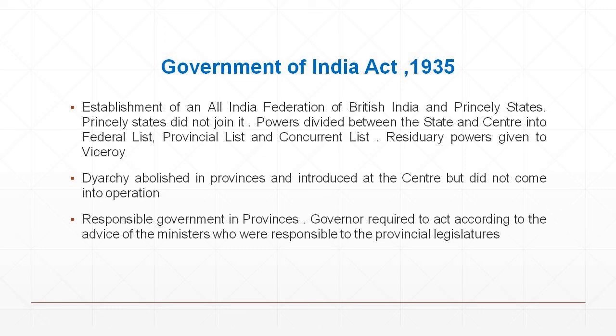Like the USA is a federation where the 50 states come together, because these 50 states individually are pretty poor, economically and militarily. But when they come together as the United States, they are very strong. So some kind of an all India federation was being tried to be put up, but it didn't materialize because the princely states did not join it.